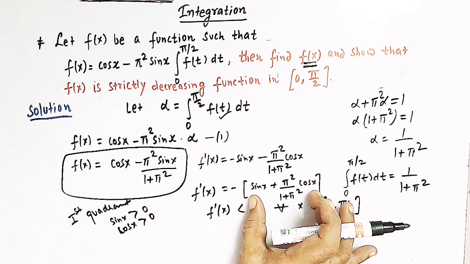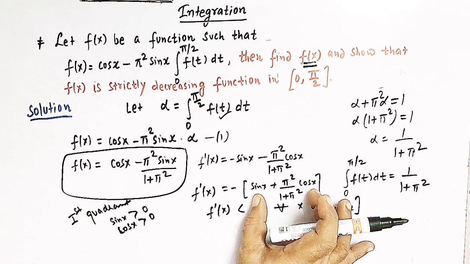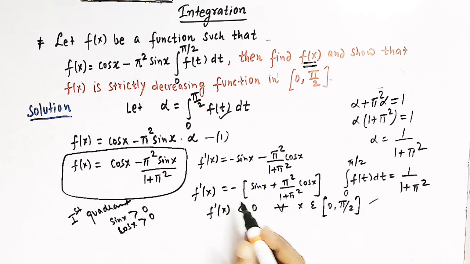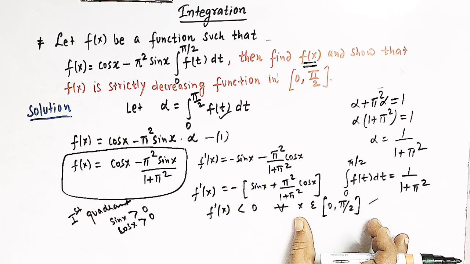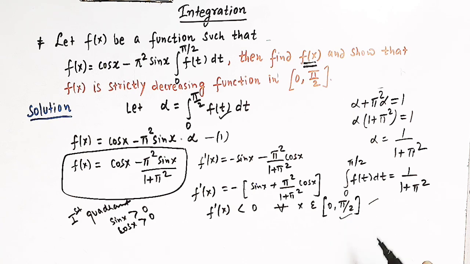So this term is always positive in this interval, and here we have the negative sign. So f prime of x is always less than 0 for all values of x belonging to this interval.